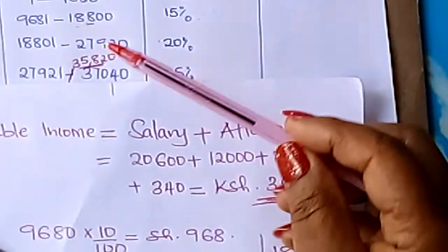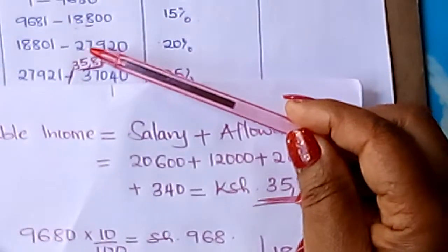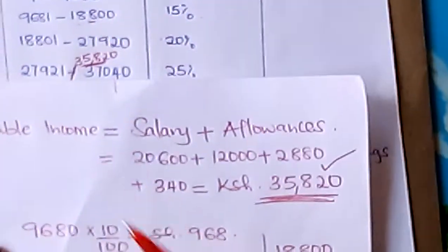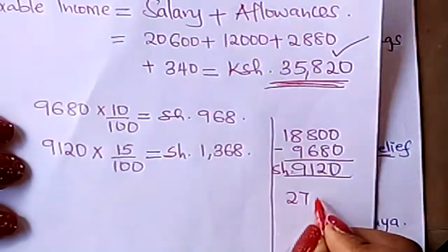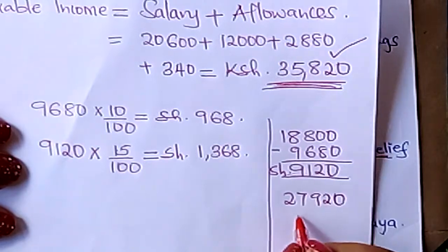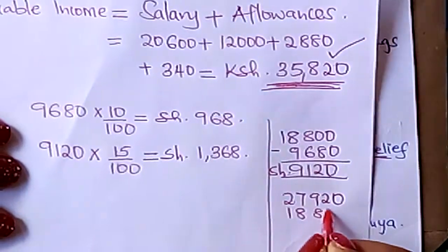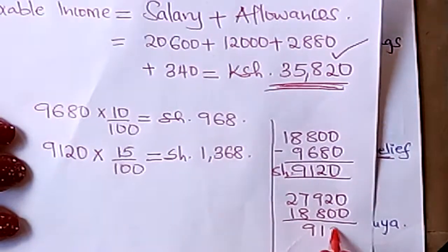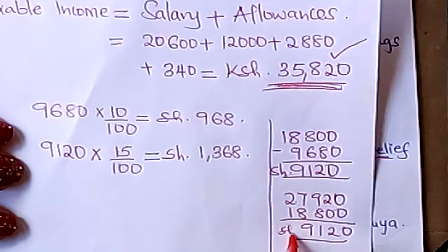We move on to our third band, learner. How many shillings will there be? You take this figure here, 27,920, you subtract the upper number 18,800. Again, this gives you 9,120 shillings.